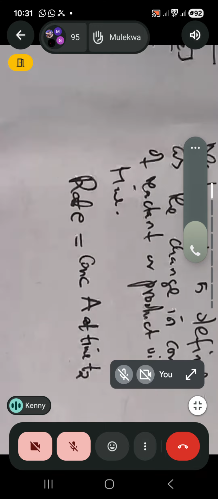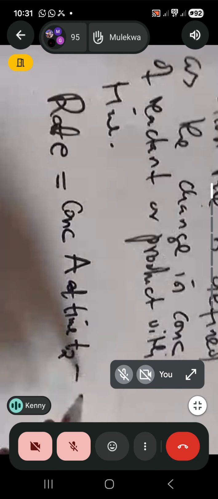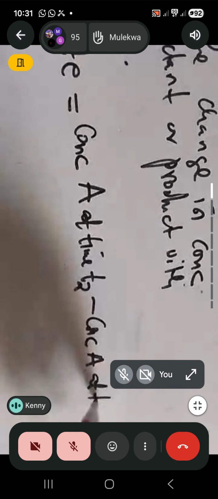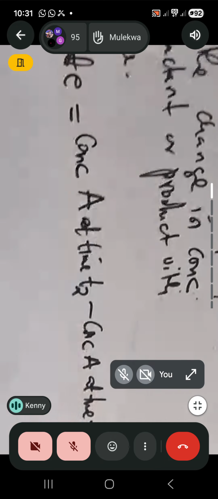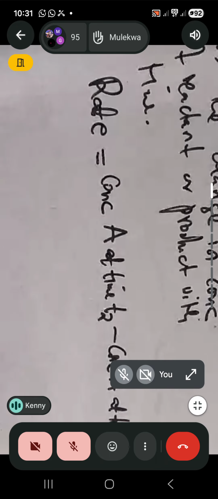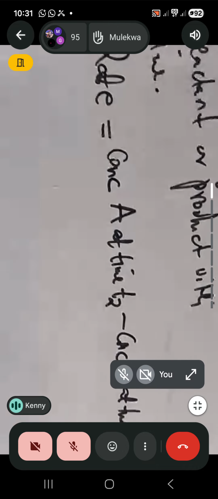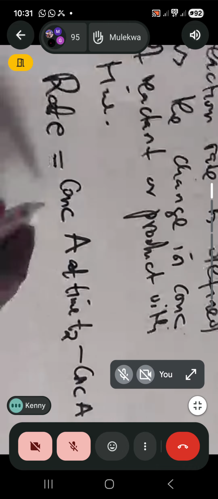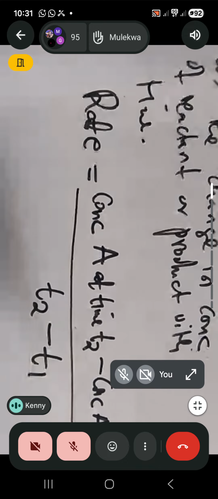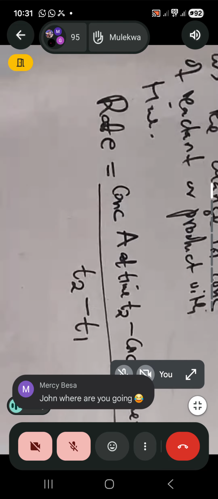Concentration of A at time T2 minus concentration of A at time T1, over T2 minus T1.